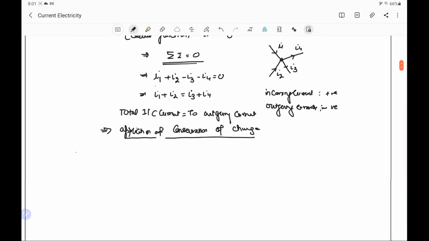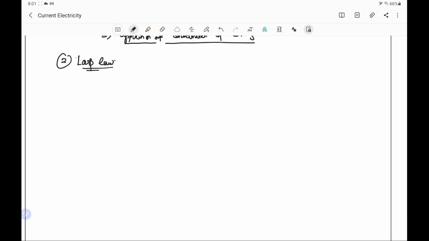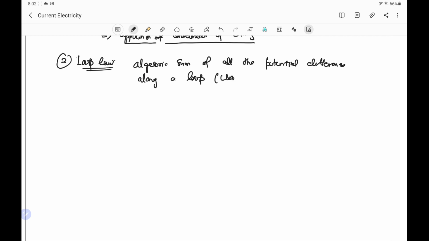Next is the loop law. As per the loop law, the algebraic sum of all the potential differences along a loop, that is a closed loop, is 0.